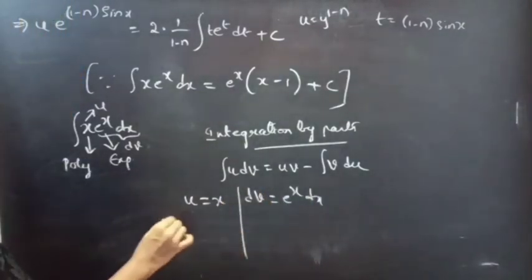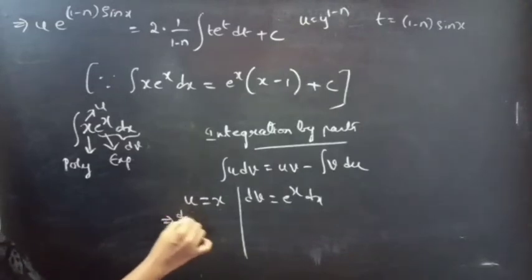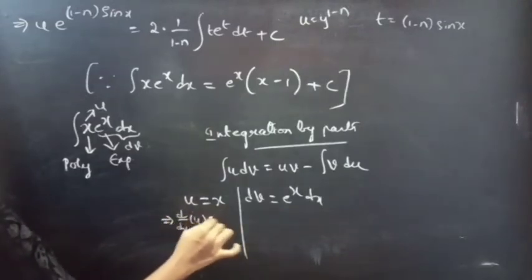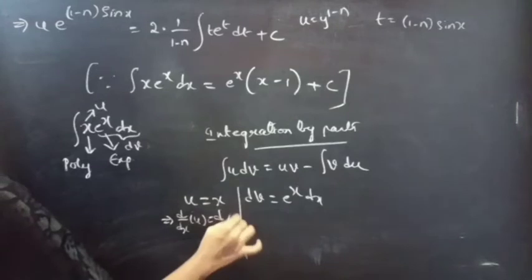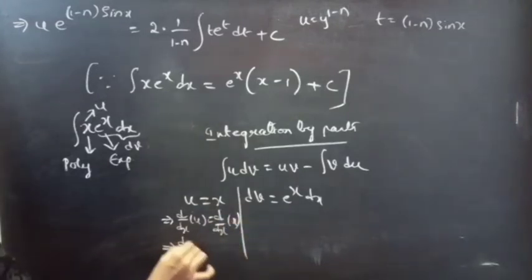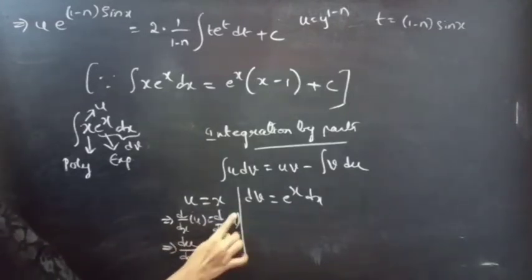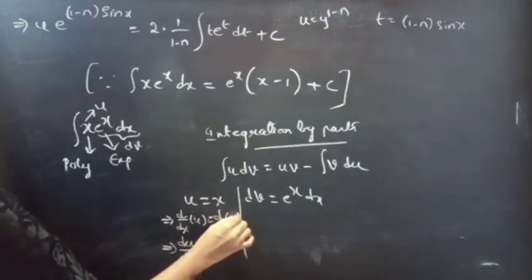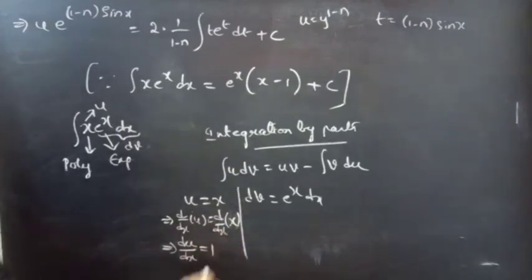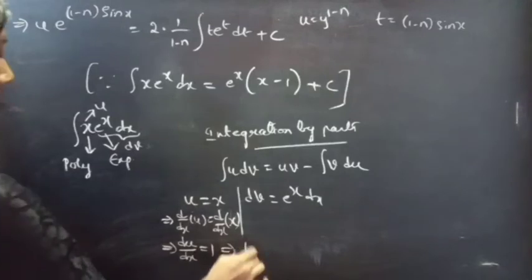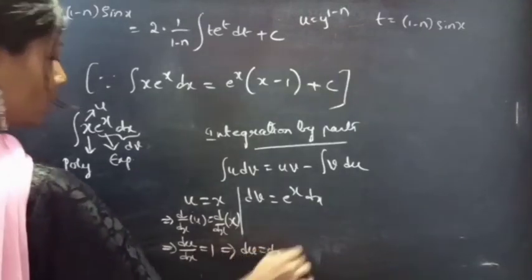Here differentiate on both sides with respect to x. Then you'll get du by dx equals the derivative of x with respect to x, which is 1. From this we'll get du equals dx, right?